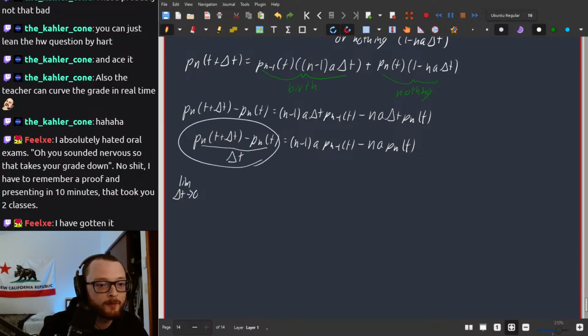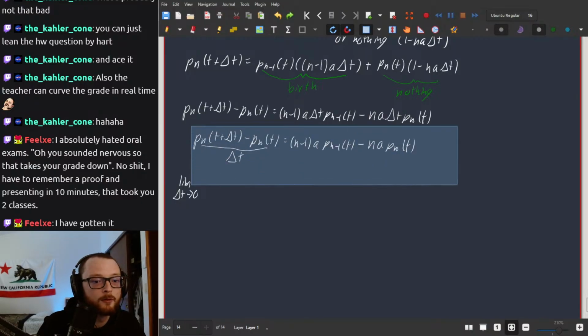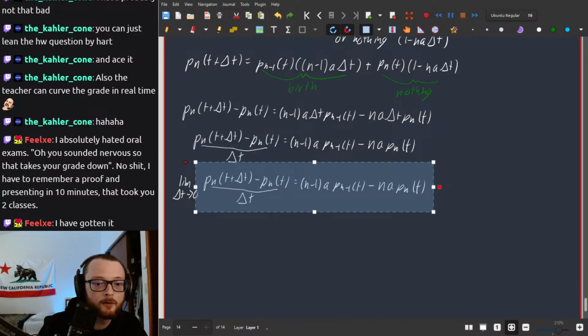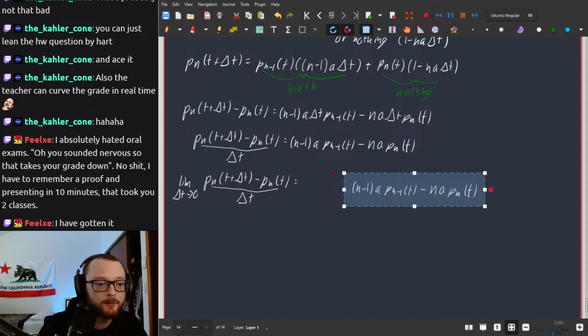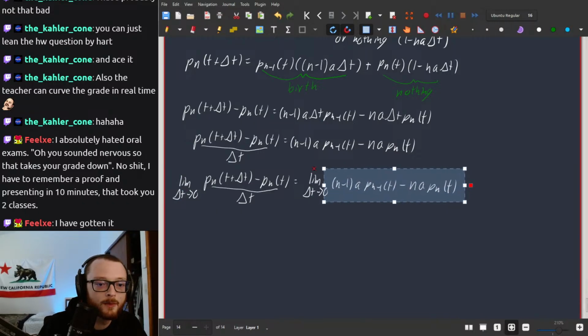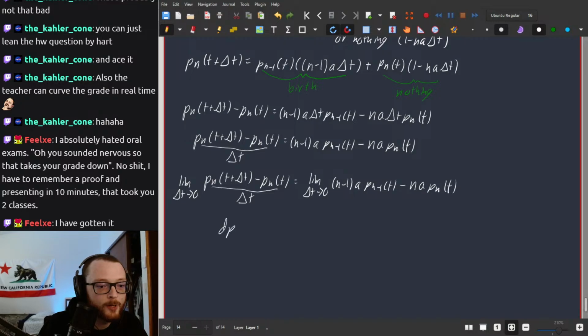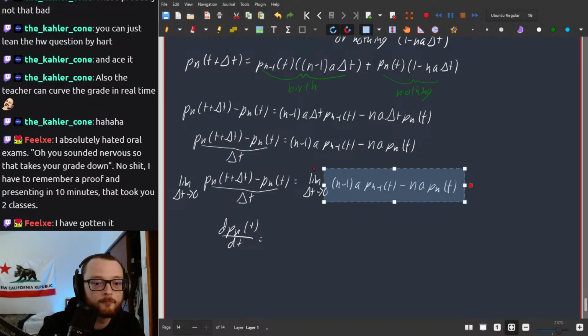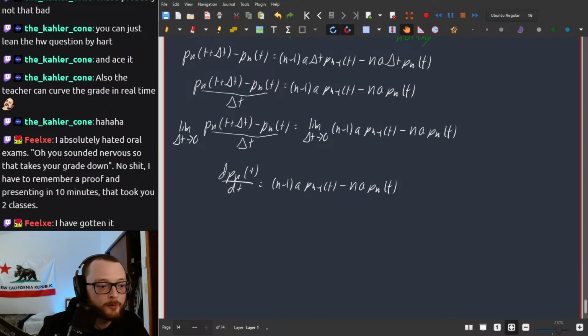And this is the limit definition of a derivative. And there's no delta t's on the right side, so it's not going to change anything. So this becomes a differential equation. There is a little trick here. It's valid for n greater than or equal to 0 if you define p minus 1 of t as 0.